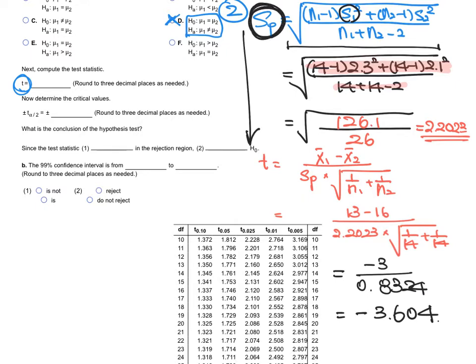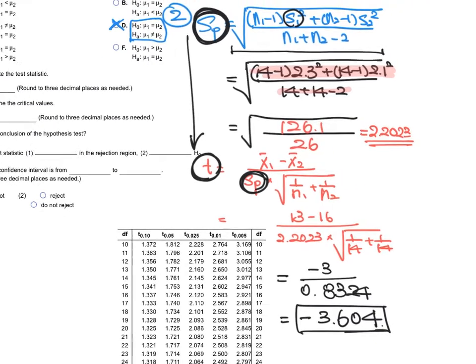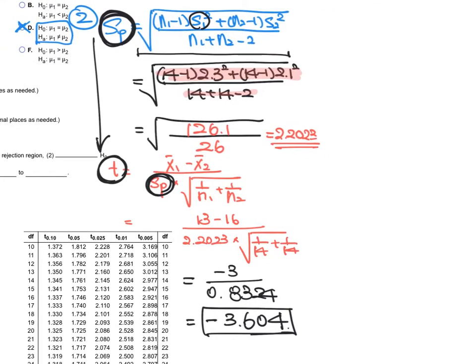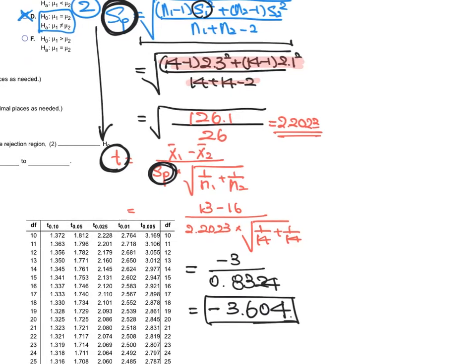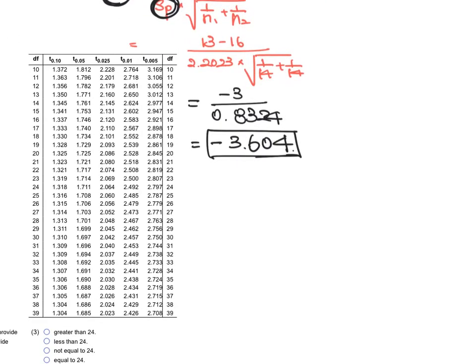First, we have to take the SP, and then we can take the test statistic, and now we have a test statistic of negative 3.604. And now we need the critical value. The step number 3, we need a critical value.